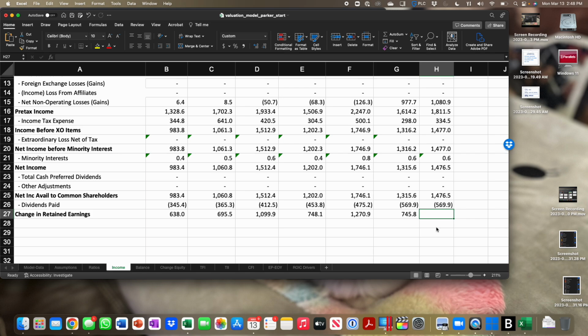To get to change in retained earnings, you can see the formula at left, we take our net income, we subtract the dividends, whatever's left is what's going to get added to the retained earnings. But there's a problem. If I take 1476.5 and subtract a negative 569.9, that's going to have the equivalent double negative of adding the dividend, not subtracting the dividend. This is why it's very important to pay attention to your data source. I know that Bloomberg reports dividends as a negative number, always.